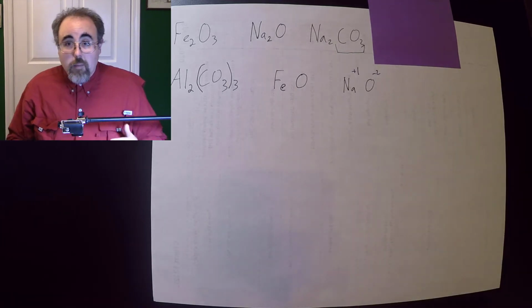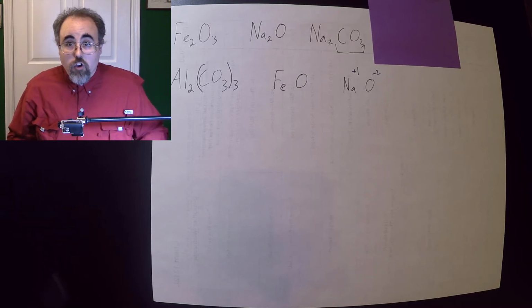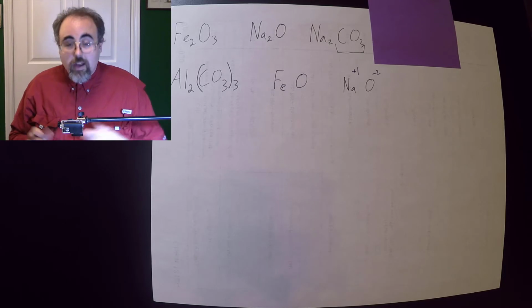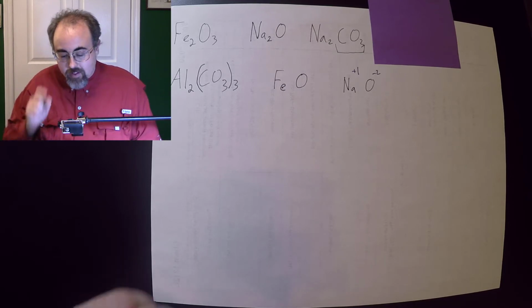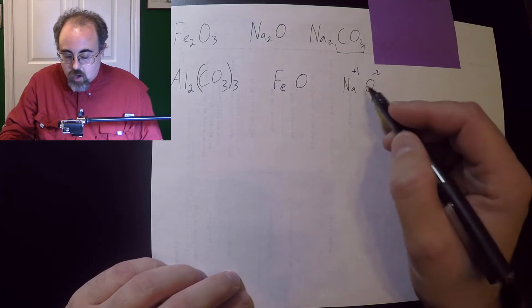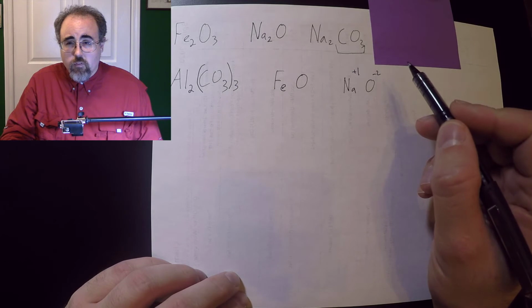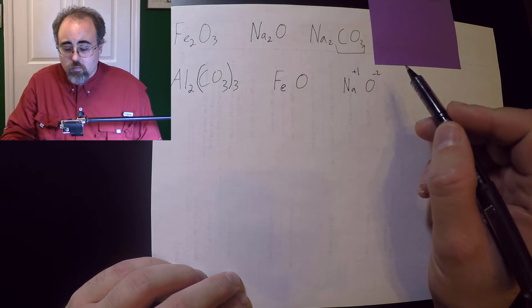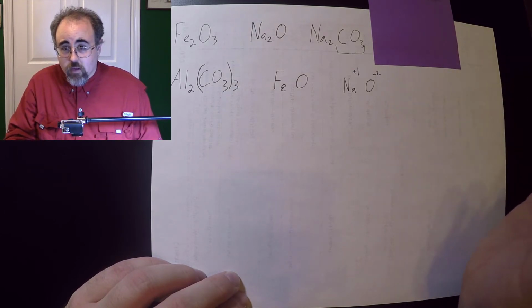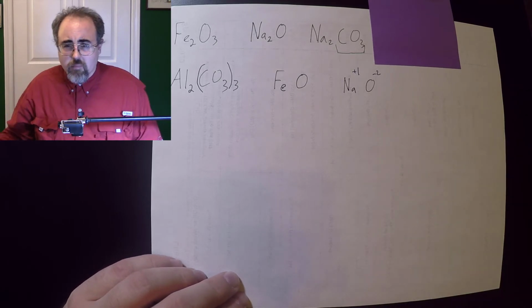For an ionic compound, the charges have to cancel each other. You don't get a net charge. Net charges are where you get lightning from. So what I need to do is figure out how to get these to cancel. I can do that in a couple of ways. One, I can just do some math: what times 1 plus -2 times something equals 0 is really what we're going for.